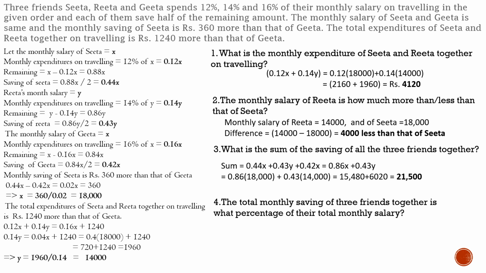The total monthly savings of the three friends together is what percentage of their total monthly salary? Now, from the previous question, we can see that the total savings is 21,500 and the total monthly salary will be x plus y plus x. So 18,000 for Sita, 14,000 for Rita, and again 18,000 for Geeta.